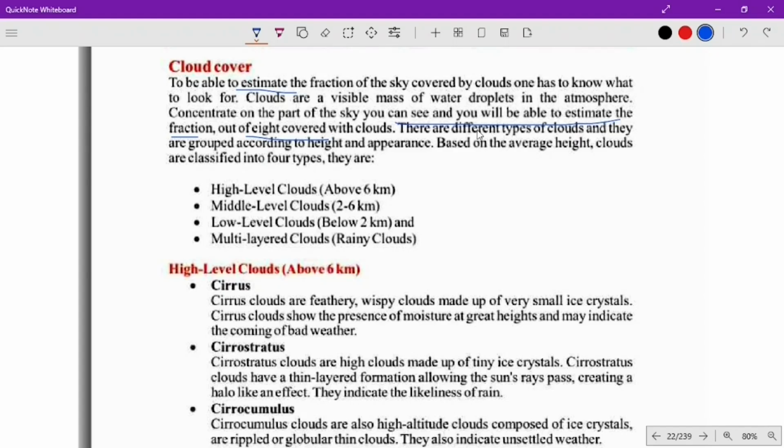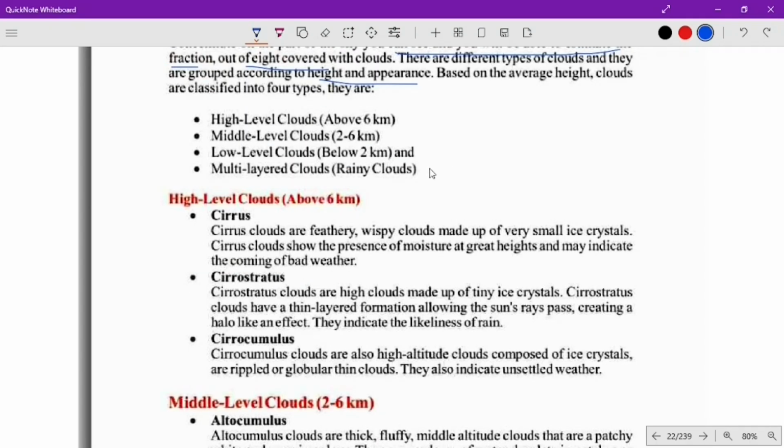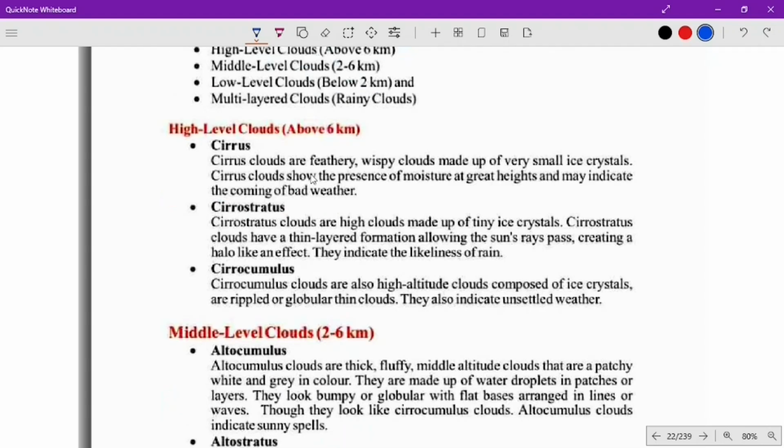There are different types of clouds, and they are grouped according to height and appearance. So you have not yet studied cloud cover or types of clouds, but here are some classes of clouds based on the height. High level clouds, which are above 6 kilometers, mid level, low level, and multi-layered clouds.